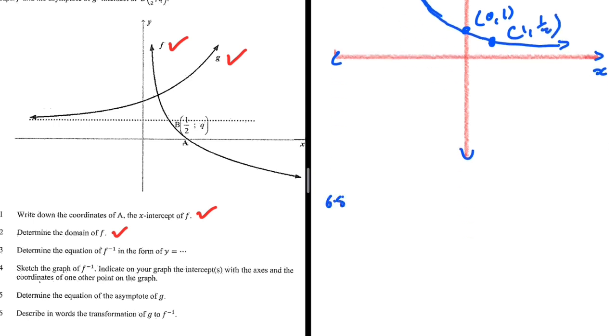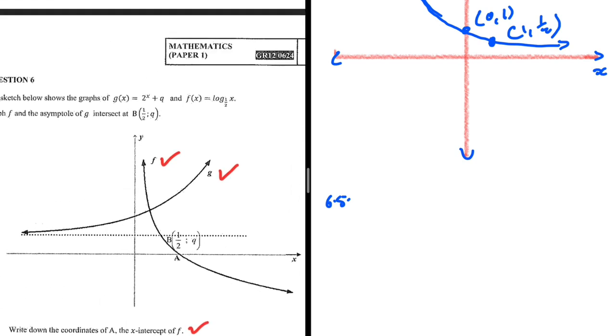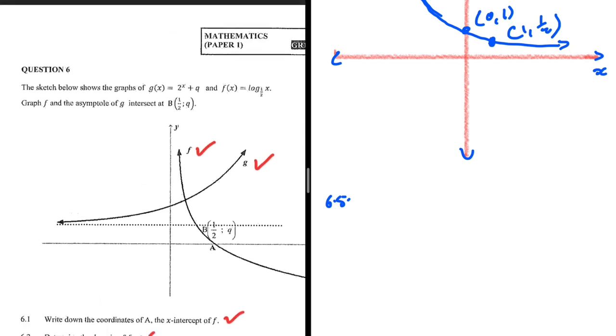6.5, determine the equation of the asymptote of g. Okay, so graph g and the asymptote of g, they intersect at b. So we can use f and the point b to find the asymptote of g. So f of x was and still is log of x with the base of half.